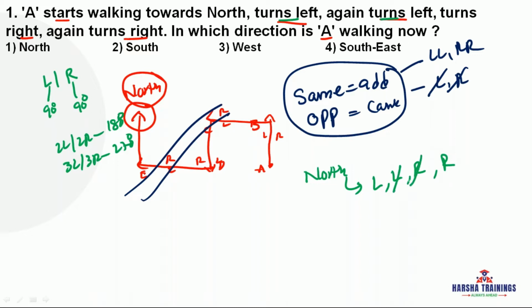One left, one right is cancelled. One left, one right is cancelled. It means 0. 0 means same direction, right? What is the answer? The answer is north side. Person starting north side, 0 means same direction. That is the answer. I think no need for pen and paper.